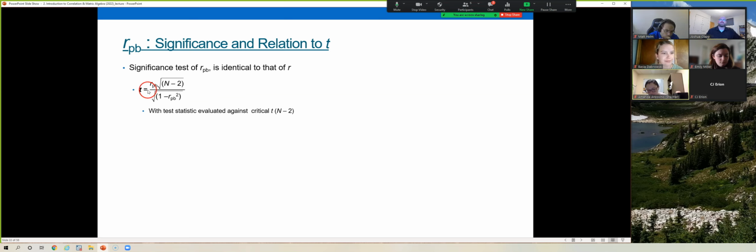To calculate t from my point-biserial, just take my point-biserial, multiply it by the square root of n-2, take that over the square root of 1 minus the square of my point-biserial. That gives me a test statistic, and then I evaluate that against a critical t with n-2 degrees of freedom. So the test is the exact same thing as for the Pearson correlation. Again, these two coefficients are functionally equivalent.